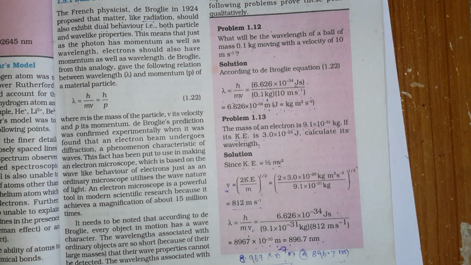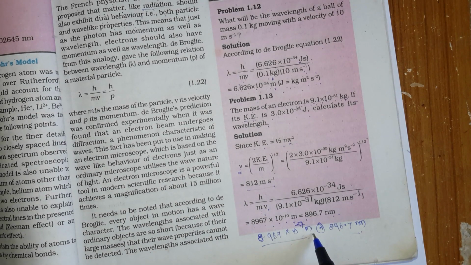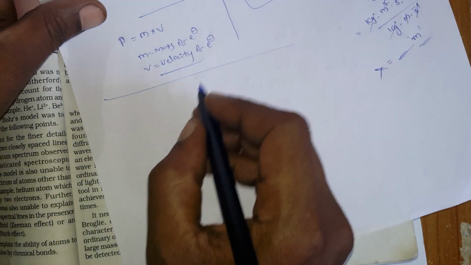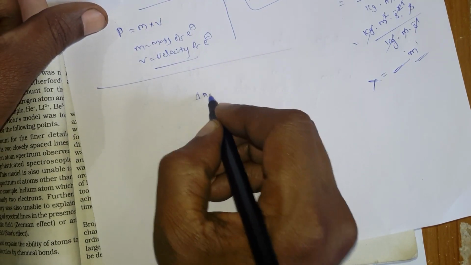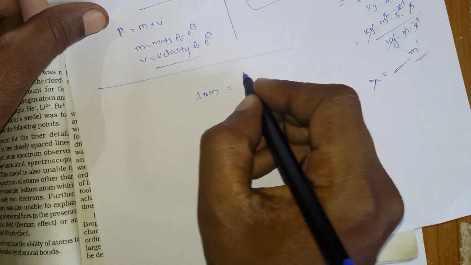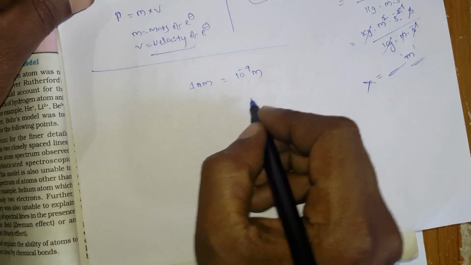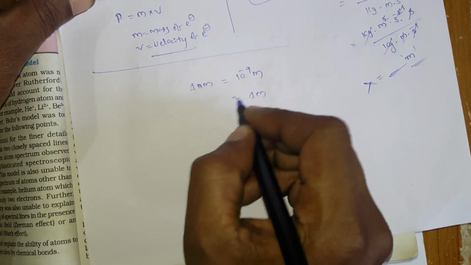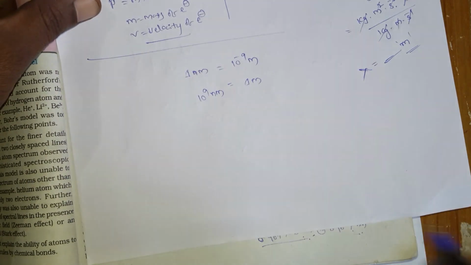Now come to the conversion. Here meters you are converting into nanometers. So I will convert, very simple. 1 nanometer is equal to, do you know the nano? What is that? 10 to the power of minus 9 meters. Or simply 1 meter is equal to 10 to the power of 9 nanometers.